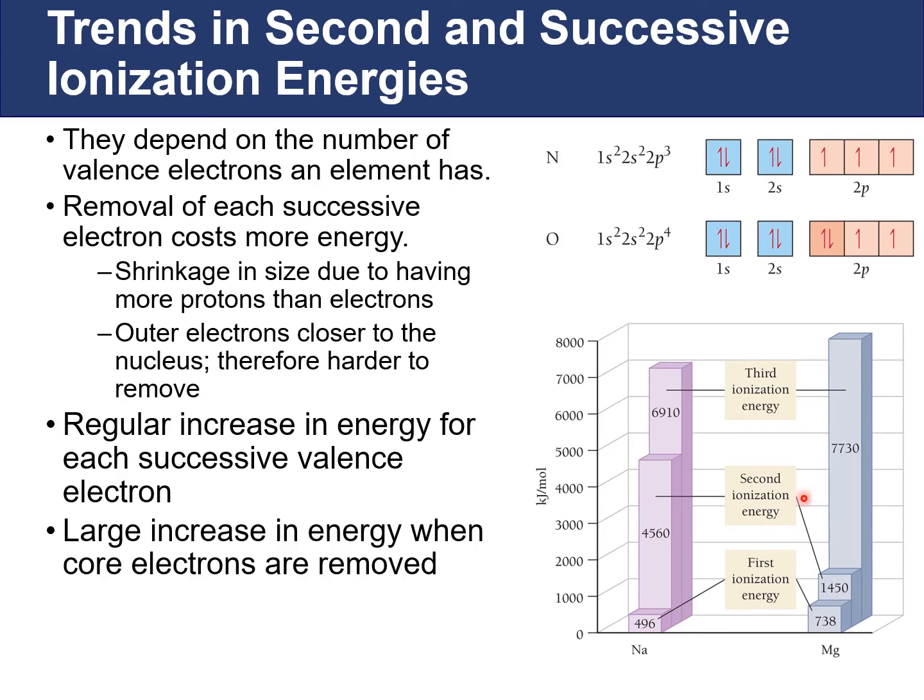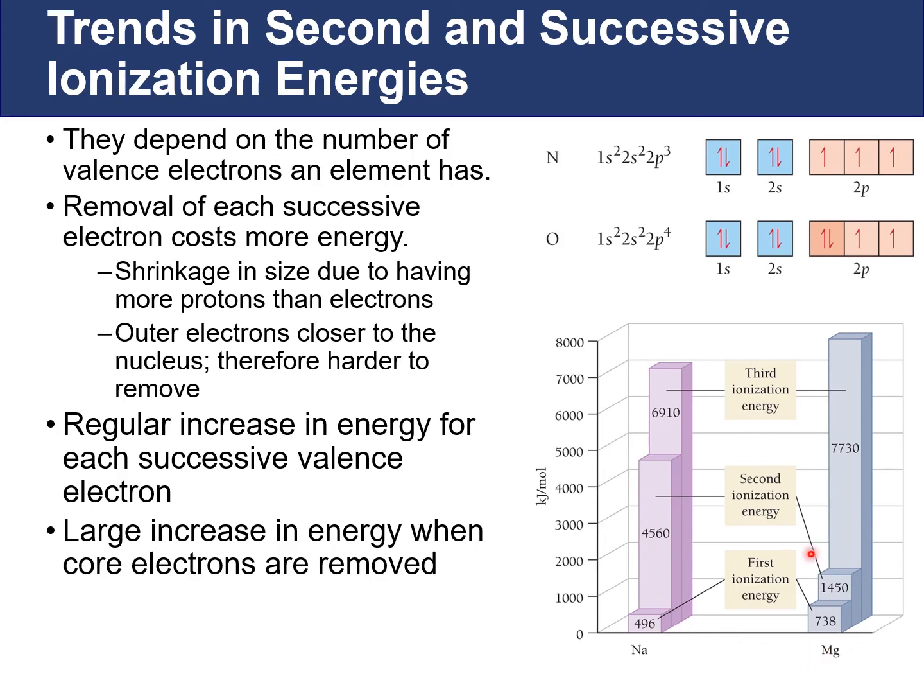So we can use this information to determine which atom we're working with by looking for the big jump in our ionization energies. So let's say we didn't know that we were working with sodium and magnesium. Based on these large jumps, we could tell that this is something that's coming from the first group or column in the periodic table because of this large jump that happens when removing the second electron.